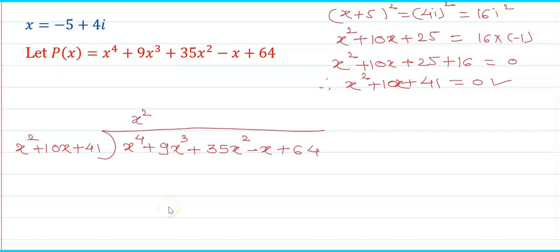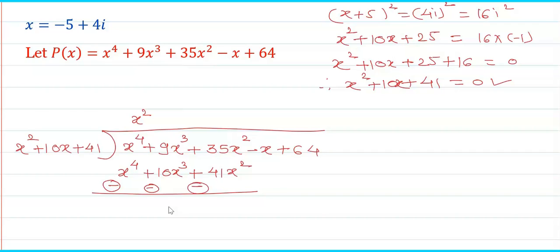To get x raised to 4, we have to multiply this polynomial by x square, and therefore x square into x square, then you will get x raised to 4. x square into 10x, here you will get 10x cube. x square into 41, here you will get 41x square. Now here we change the sign.